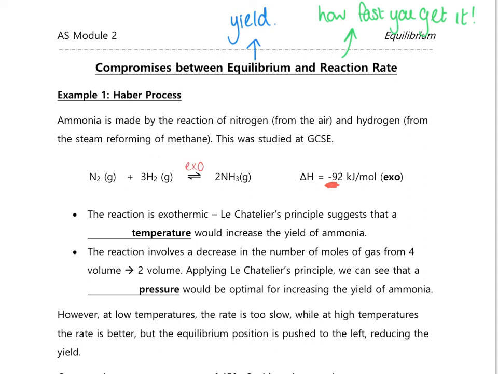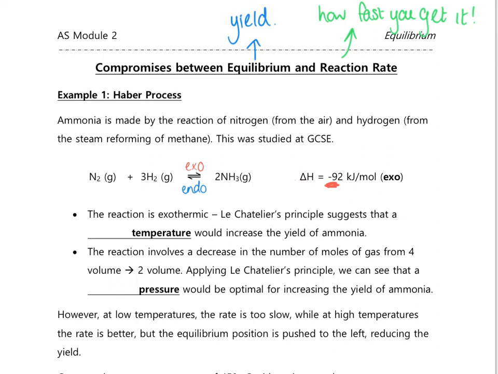So that must mean that the backwards reaction, the reverse reaction, is endothermic. We know that an increase in temperature will increase the rate. But in terms of our equilibrium, an increase in temperature is going to shift the equilibrium to the left-hand side, because increase in temperature favours an endothermic reaction.